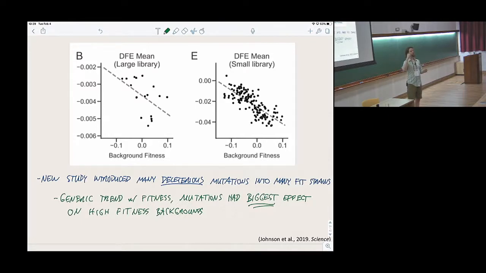If you were to take the fully fit strain and march backwards from the 11111 to the 00000, as you take away the beneficial alleles, they would have been less deleterious if you remove them first than if you remove them last. Here, they're actually most deleterious on the fit backgrounds. And so it is exactly the opposite trend.